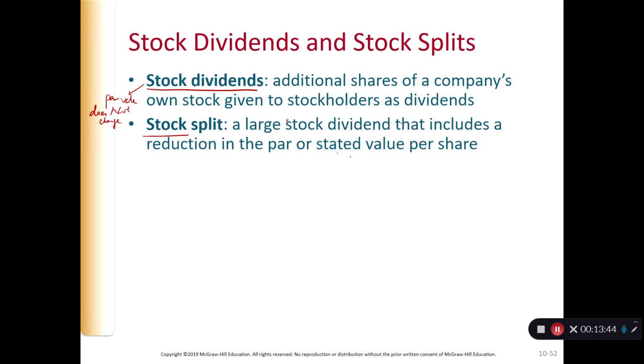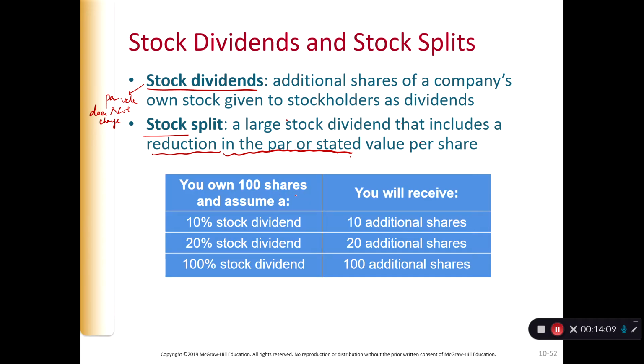But if you do a stock split, you have to reduce the par value. If it's a 2-for-1, the par value becomes half. If it's a 3-for-1, the par value becomes one third. It depends on how you split it. That's a big difference between a stock split and a stock dividend.